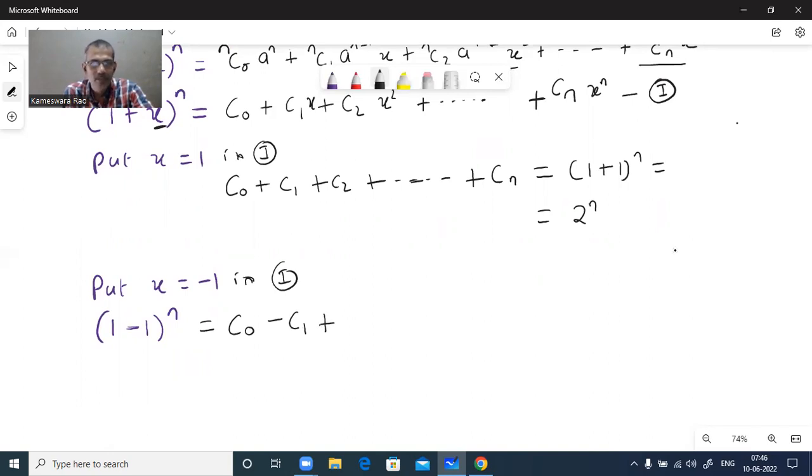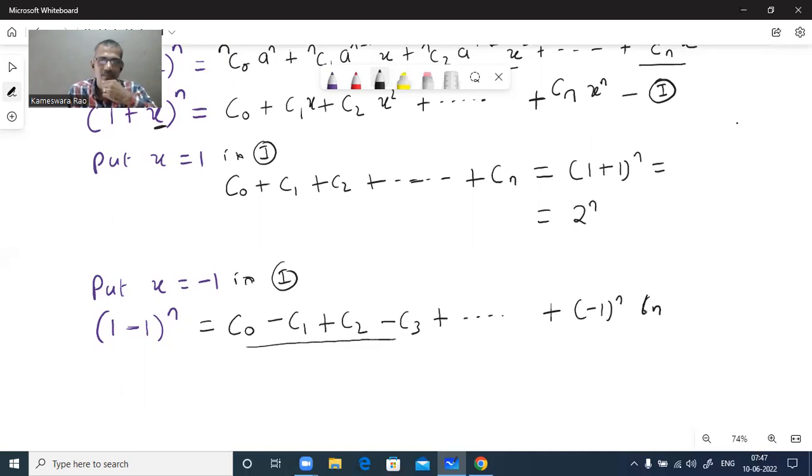Another term like C3 x cubed: minus 1 raised to 3 is minus only, so minus C3 plus dot dot. The nth term is (-1)^n Cn. So the sum of this series is 0, since 1 minus 1 is 0. Here instead of this you can write 0, no problem.